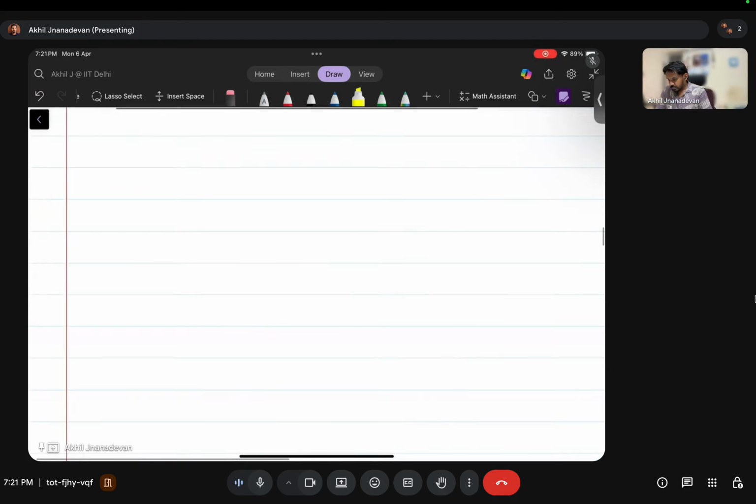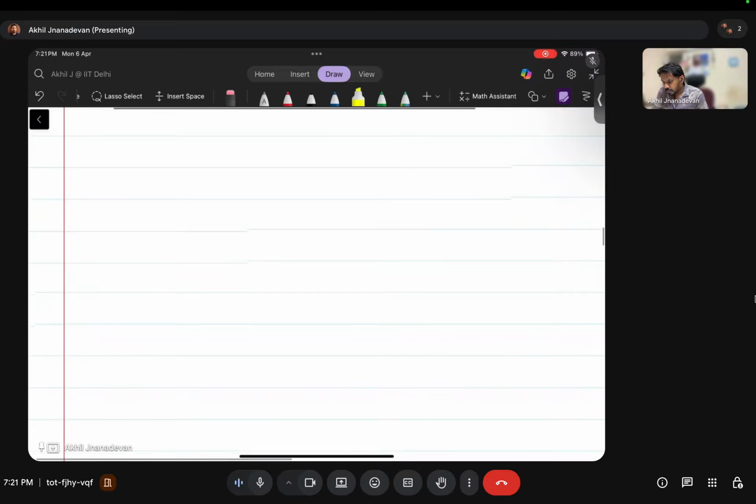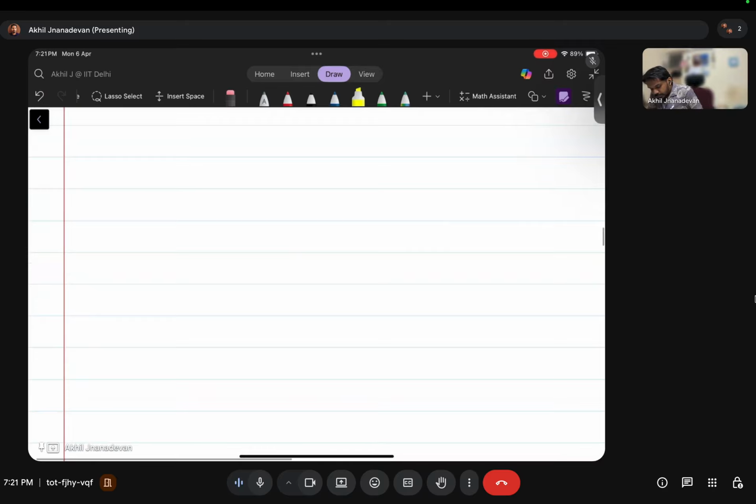So the mean would be very clear to you, right? We are given a sample, so the sample mean we denote by x bar. The mean is nothing but the summation of xi, i equal to 1 to n, divided by n.